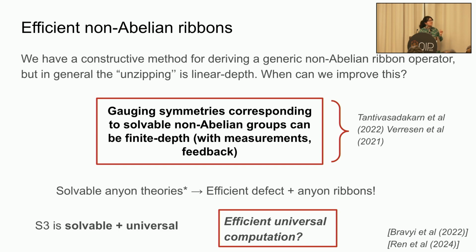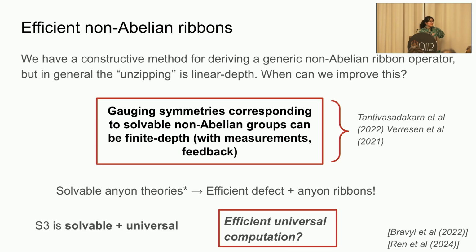So we can immediately see that if you have some solvable anion theory, then you should be able to make all of the circuits for creating symmetry defects and anion ribbons inside this theory finite depth.